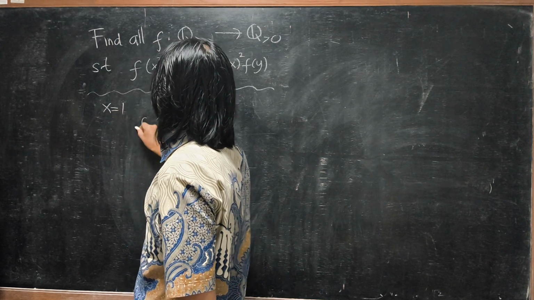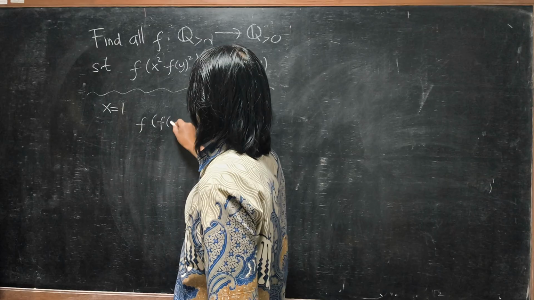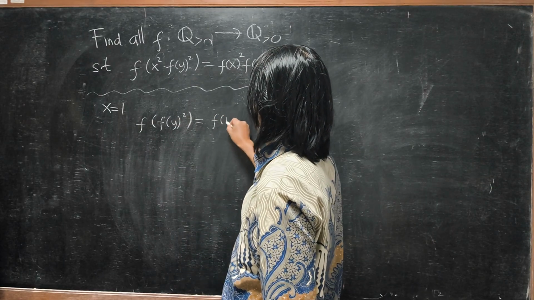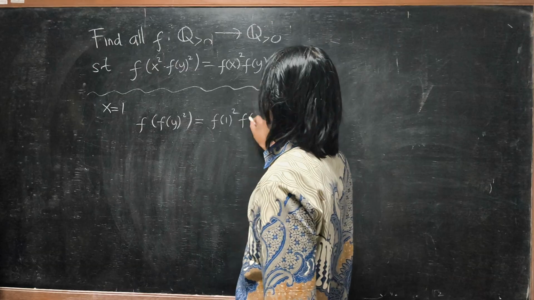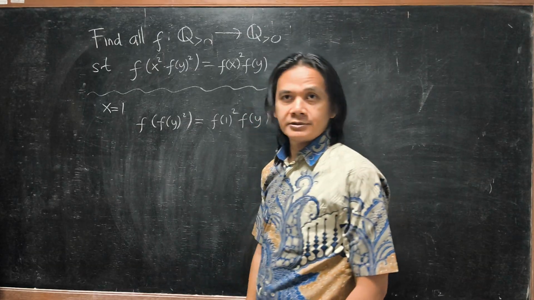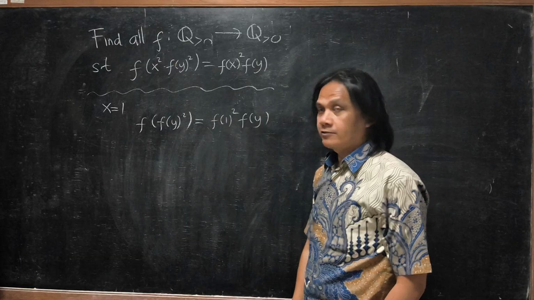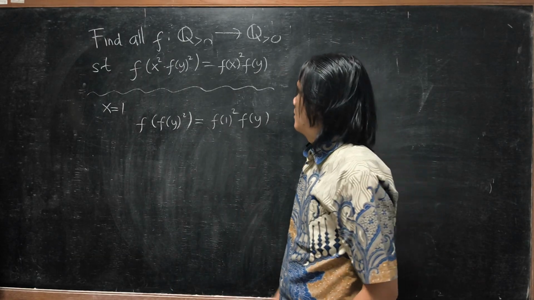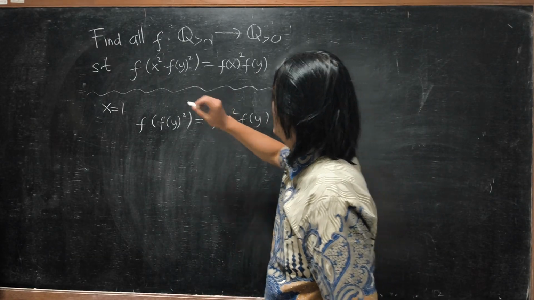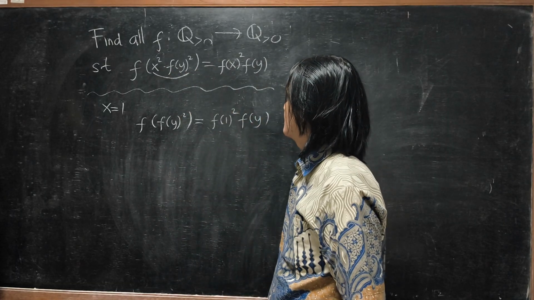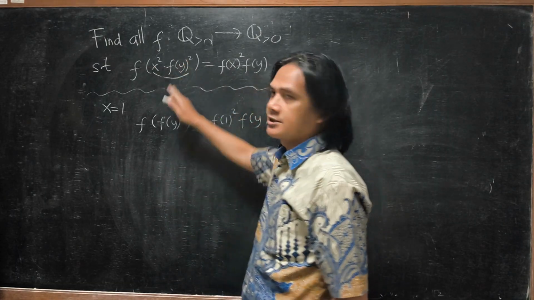Then we have f of f(y) squared is equal to f of 1 squared times f(y). Well, it seems not very helpful at the beginning. Okay, next let's try to plug in x such that this multiplication is equal to 1.